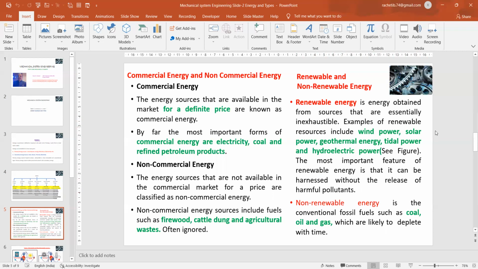Means with the use of wind, solar, geothermal, tidal, or hydraulic, the pollution is very, very less. Whereas non-renewable energy is the source of conventional fuel, called coal, oil, and gas, which are likely to deplete with respect to time, and they release harmful pollutants.